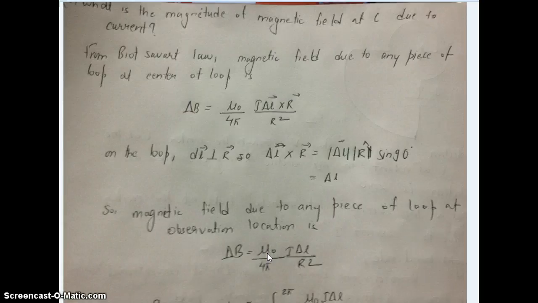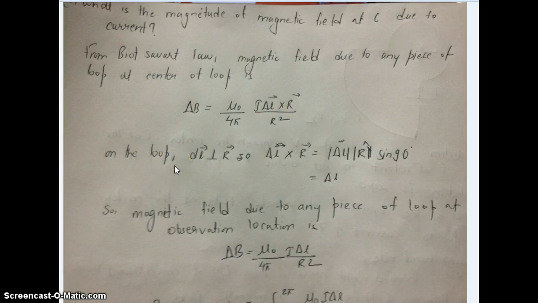So the next question asks us to find the magnitude of the magnetic field at C due to the current. If we use the Biot-Savart law, the magnetic field due to any piece of loop at the center of the loop can be given by B equals mu naught by 4 pi, I delta L cross R, divided by R squared.